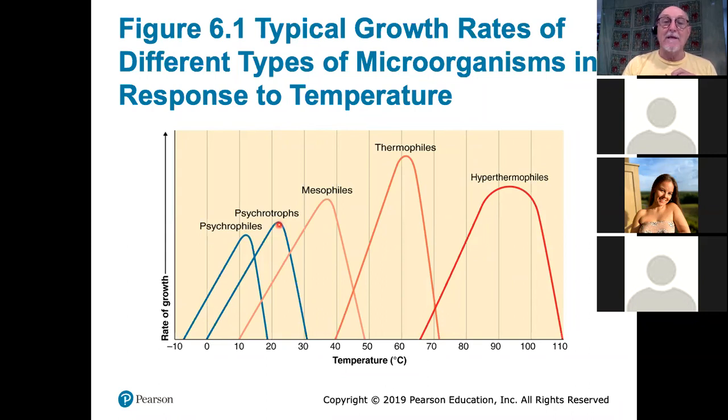The next group here, if you look at their optimum, it's around about 22 degrees Celsius, which is approaching room temperature. Again, they have a maximum of around 30 degrees Celsius and a minimum at about 0. So they are constrained between 0 and 30 with an optimum here around about 22.